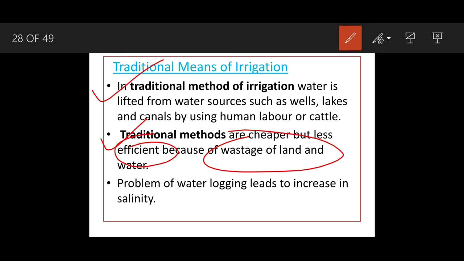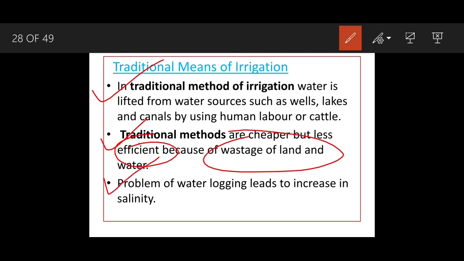Then tanks also occupy a large area and they are shallow, so the water evaporates also. So often the tanks are empty when there is need of water. So like this, the traditional methods, at times we have seen they are not so efficient. There is a wastage of land and water, but they are cheaper. So along with advantages, there are so many disadvantages too.